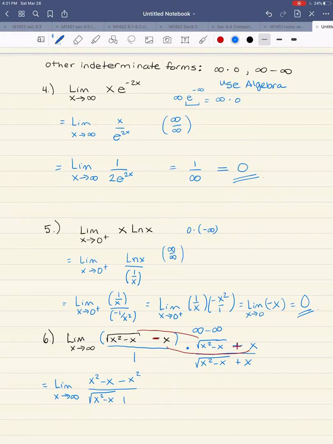And then we have the square root of x squared minus x plus x. So we have the limit as x goes to infinity of minus x over the square root of x squared minus x plus x. Oops, sorry, that should be a minus x.